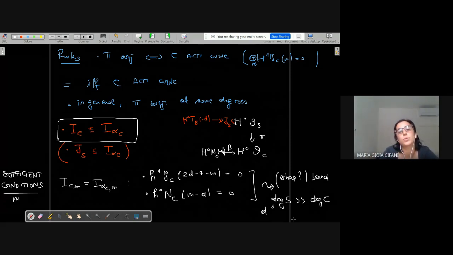And this is a bound. There are sufficient conditions. Clearly, this condition is verified when we look for Hessian curves. So for Hessian curves, we can do better because we can exactly write down when the H0 of the normal bundle vanishes. And this is exactly what we did.